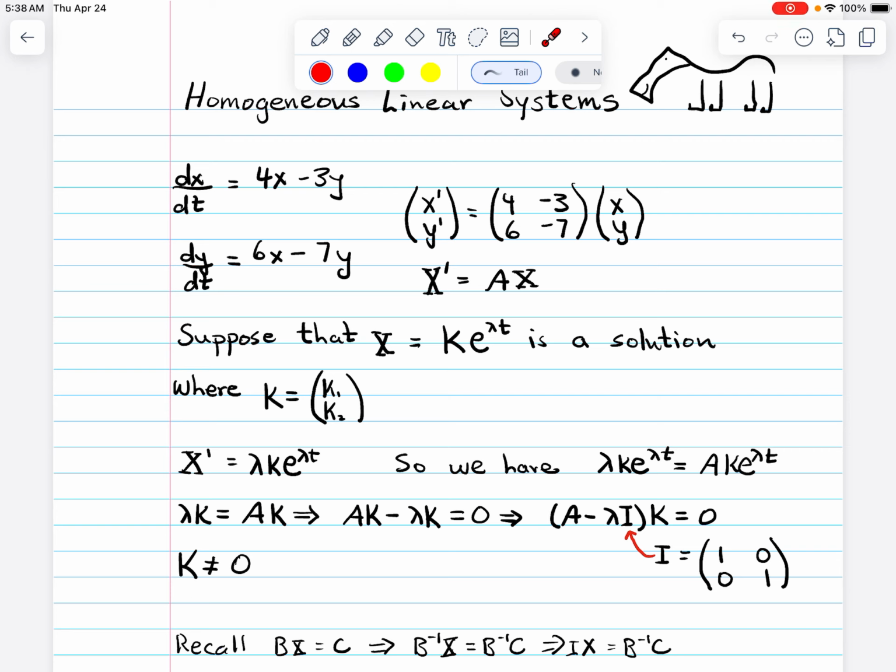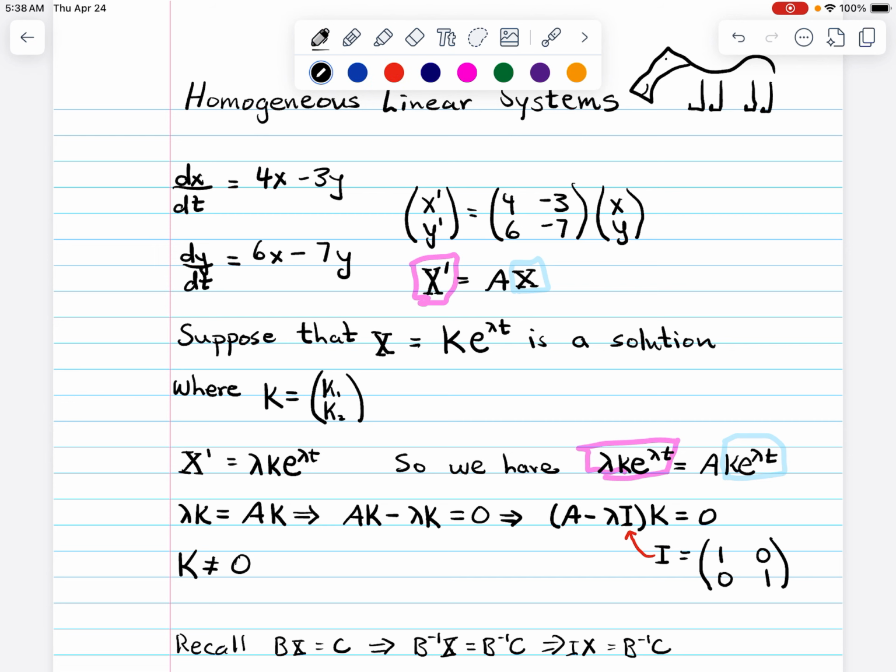We have that the derivative, x prime, is this, and then on the other side we have A, and then the solution right here. Let me highlight that. We've got this, and then we've got in blue this.